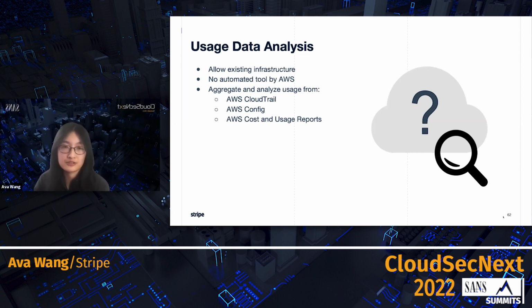And so our solution at Stripe was to develop our own tool to aggregate and analyze usage from multiple data sources. By having multiple data sources, we can gain confidence in our results as these data sources bridge each other's limitations.